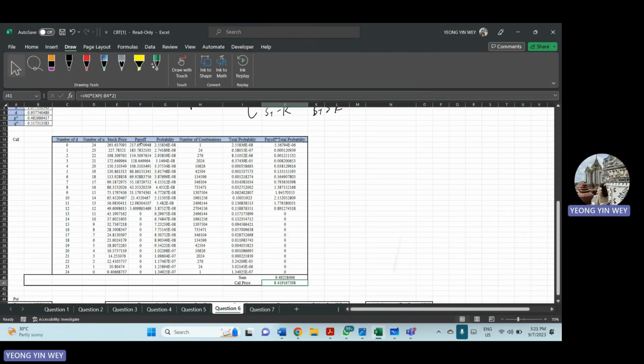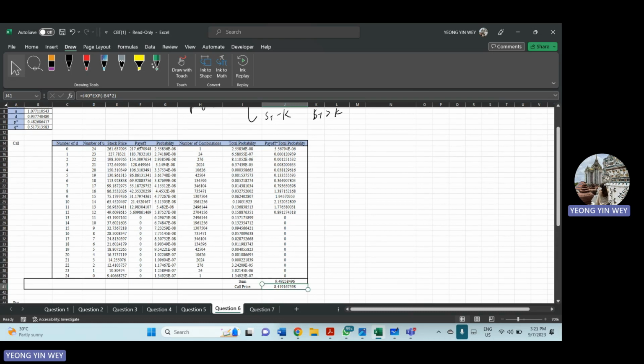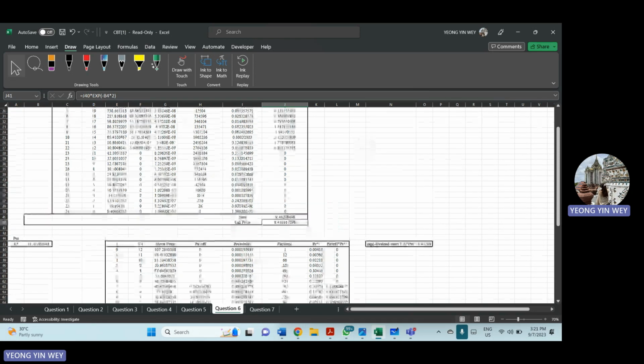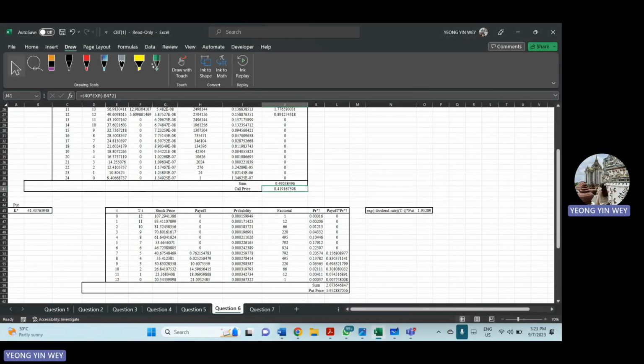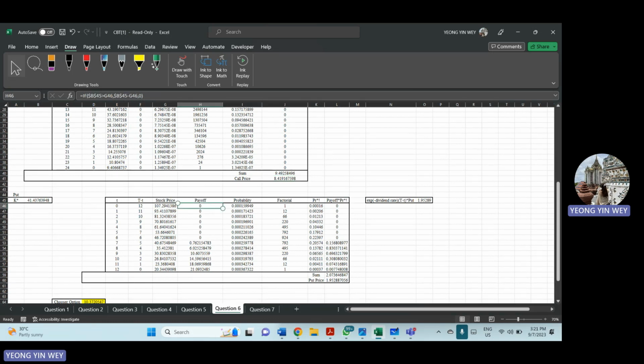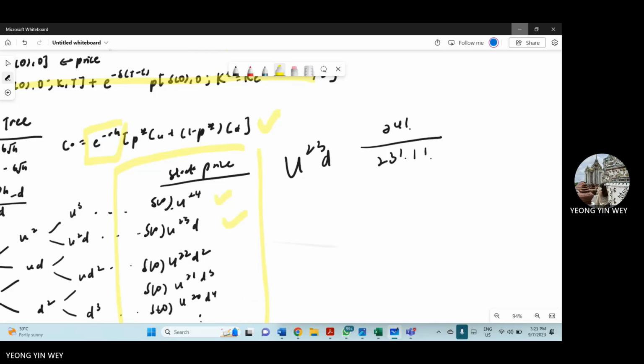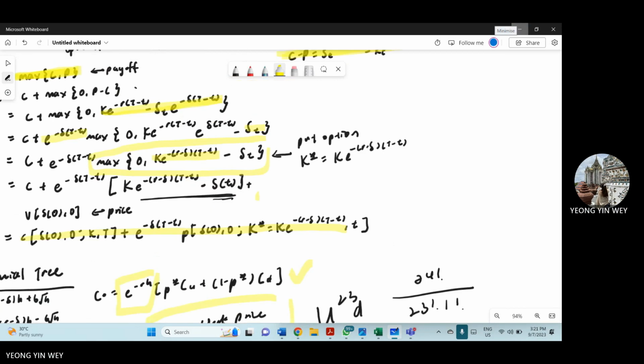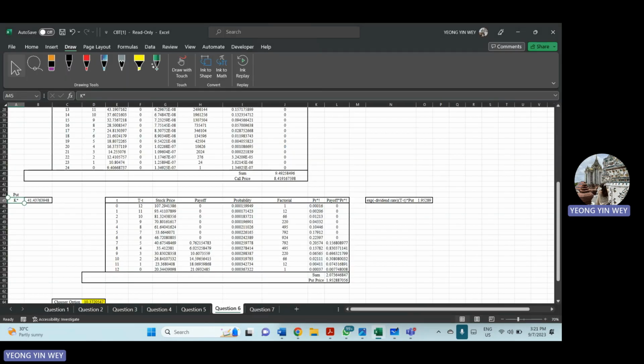Okay, next. Since the formula is the call price plus the put price, we will need to calculate the put price also using the same method. By using the same method, just the payoff is different. Just the K, we need to calculate the new K using this formula. So we will calculate it using K times exponential, this formula. We will calculate the new K and then the rest of the table uses the same method.